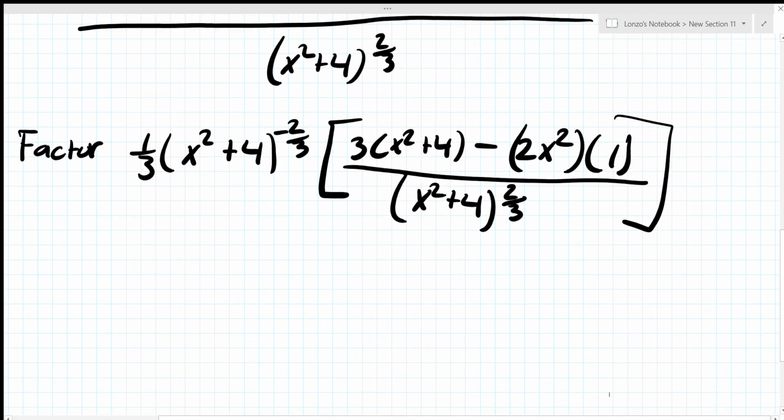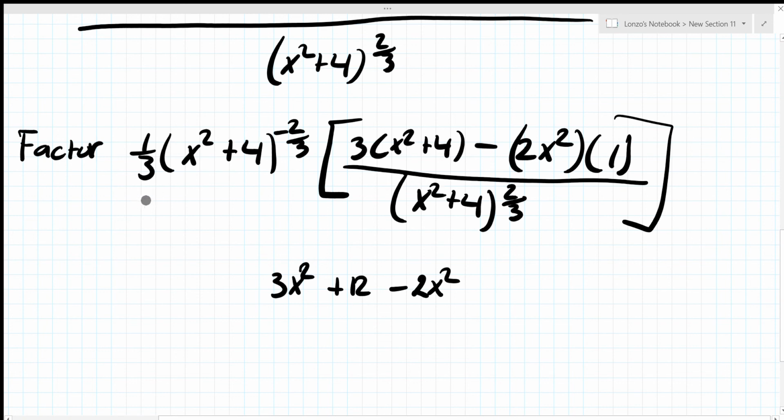So when you factor that out and FOIL this out, you're going to get 3x squared plus 12 minus 2x squared. And then remember this negative 2/3, and then you have a 2/3.